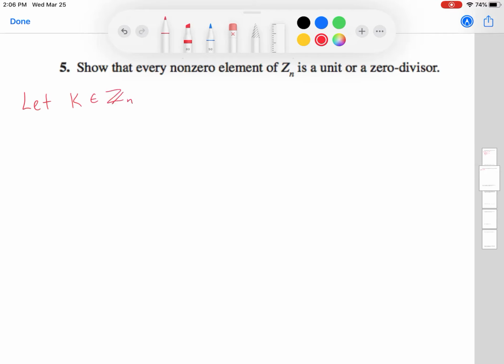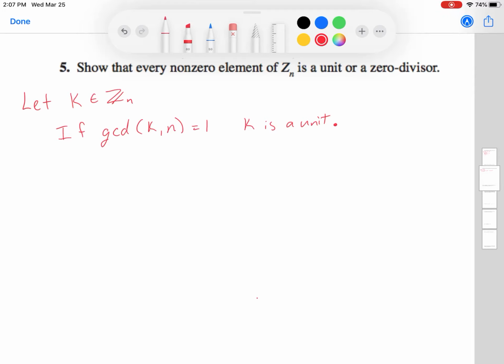k be an element of Zn. Now, if the greatest common divisor of k and n equals 1, k is a unit. And this is something that we should know from chapter 12 when we were going through our notes.